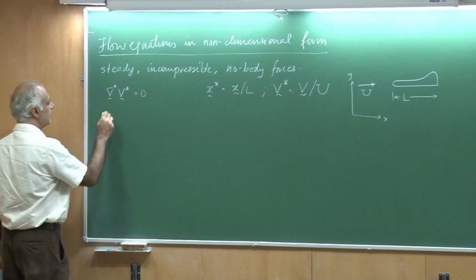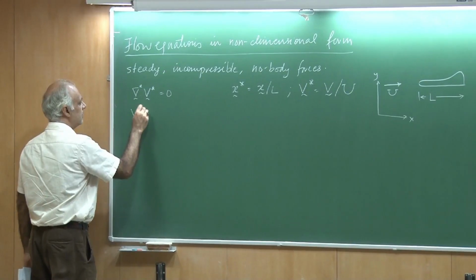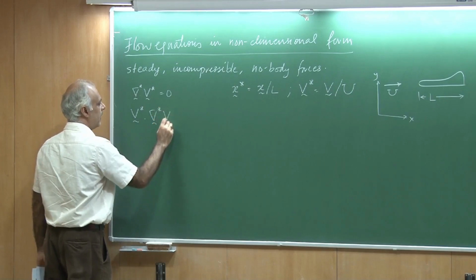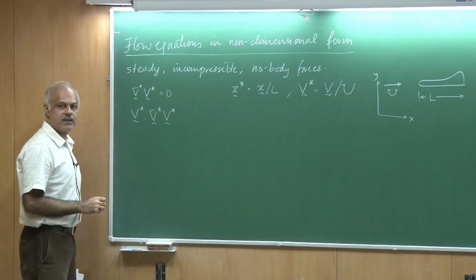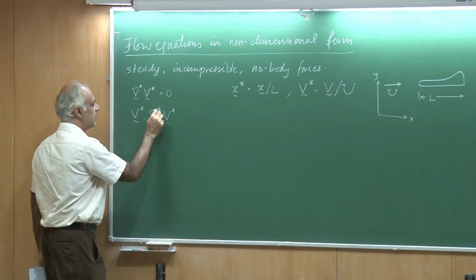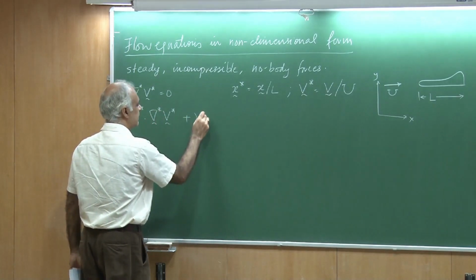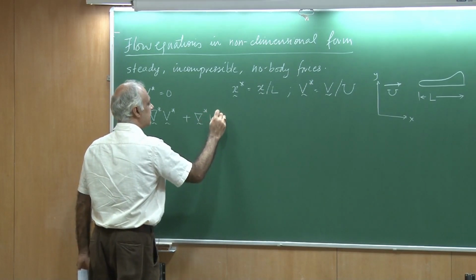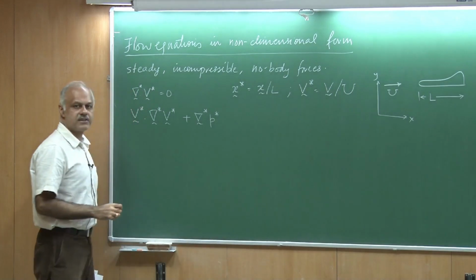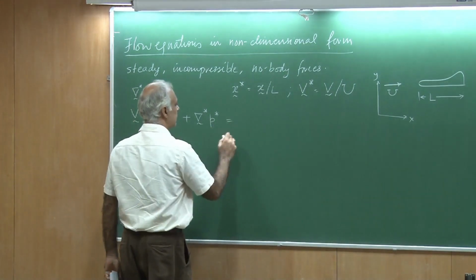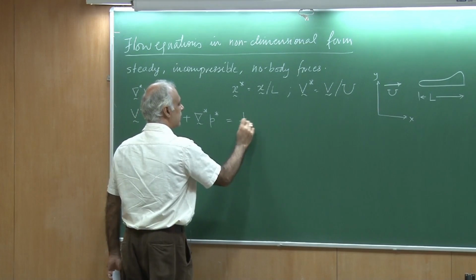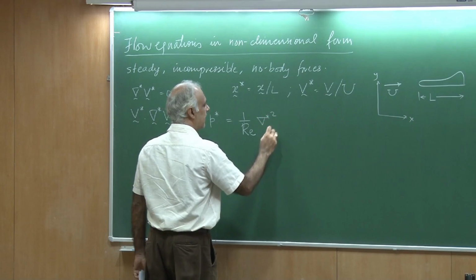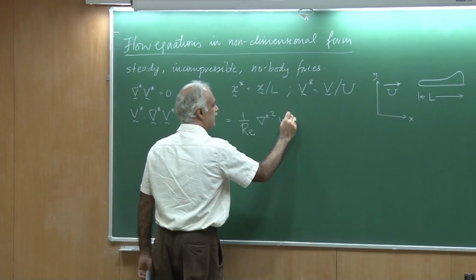And then as far as the momentum equation is concerned, we actually had worked out that the convective term would look exactly the same as in the dimensional form of the equation. So V star dot gradient of V star plus the gradient of the non-dimensional pressure would be given as 1 over Re times the Laplacian of V star.